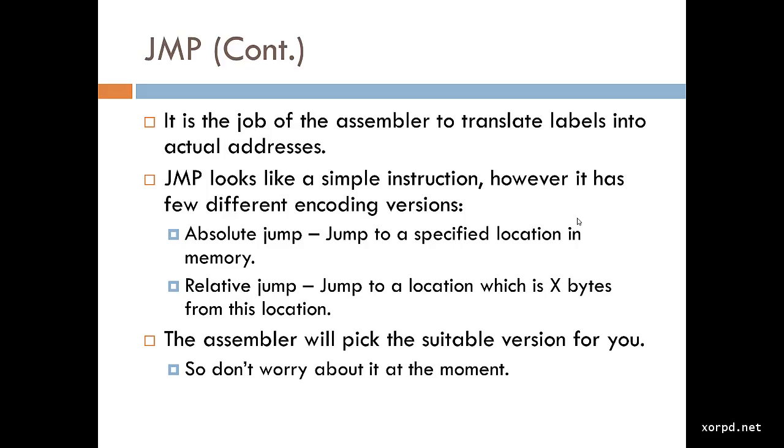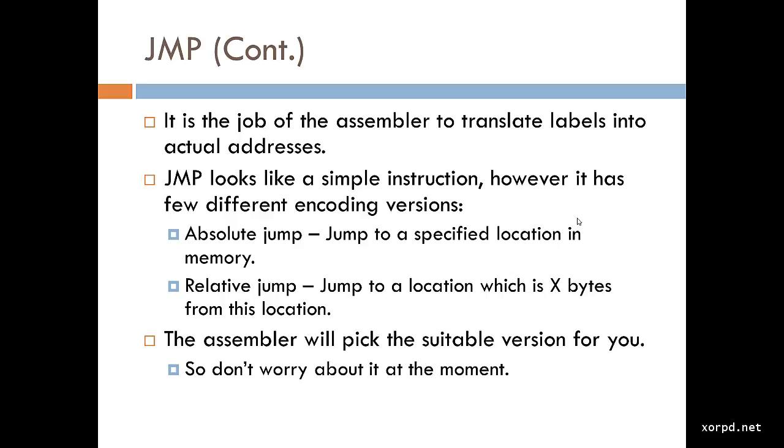Jump, continued. It is the job of the assembler to translate labels into actual addresses. The jump instruction looks like a simple instruction. However, it has a few different encoding versions. For example, absolute jump. This kind of jump jumps to a specified location in memory.